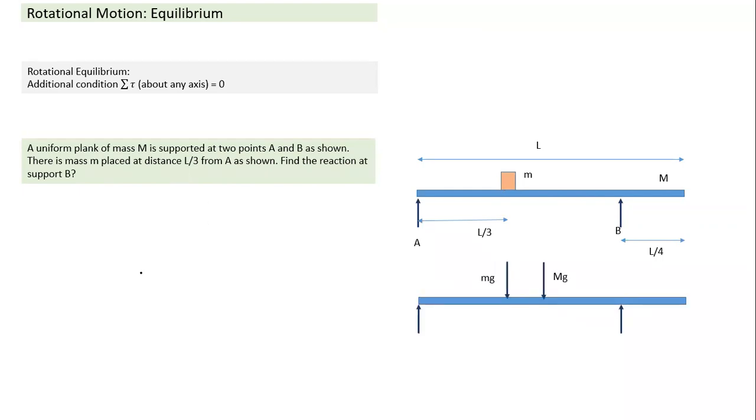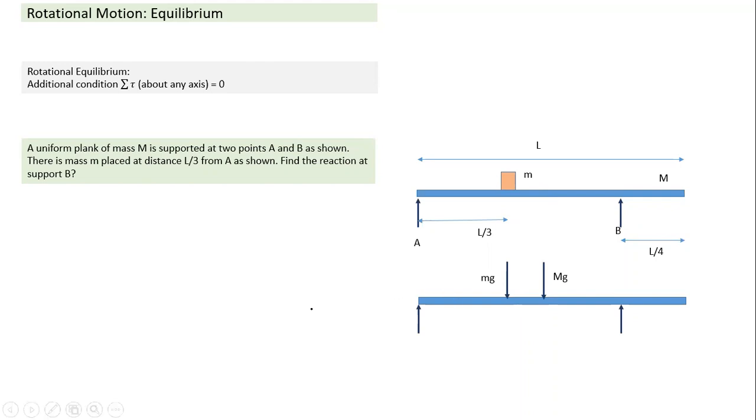So first thing we do, unlike linear motion, I cannot represent the whole plank with a point because it involves torque as well. I just mark all the forces which are acting: normal reactions, mg acting at the center of mass, and this capital Mg acting at the center of mass of the plank, which is at the midpoint, at distance L by 2. So these are the forces acting.